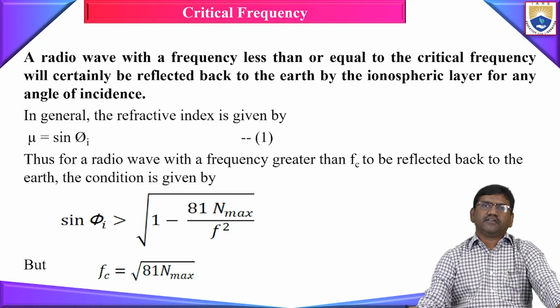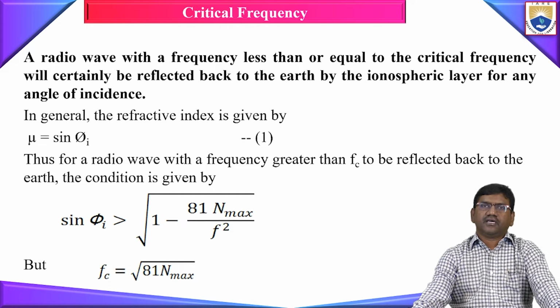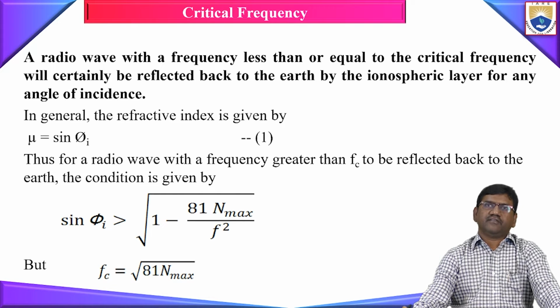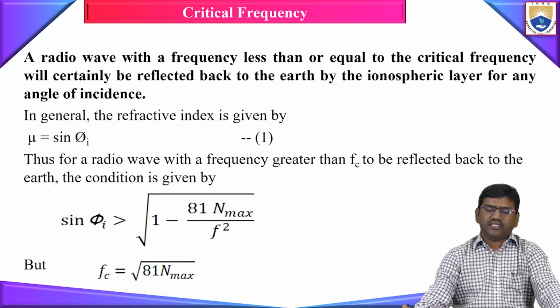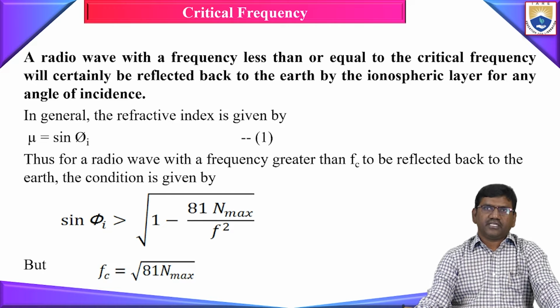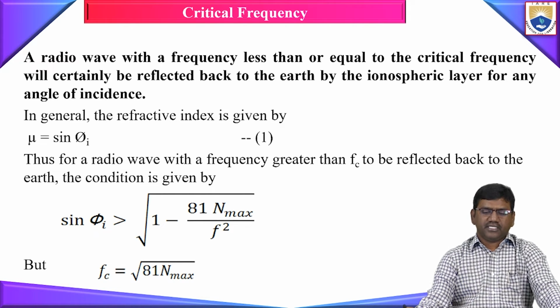Generally we know that the refractive index is the ratio of velocity of propagation of signal in one medium to the other medium. So we call it the refractive index.